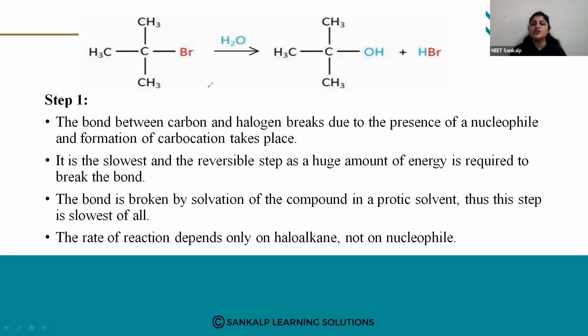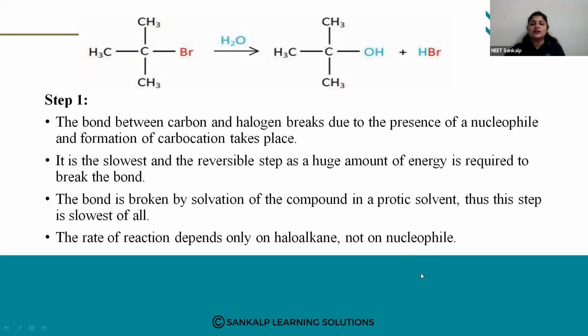The first step is the slowest and reversible step. Reversible means you can get back your reactant. A huge amount of energy is required to break the bond, so this is the very slowest step.